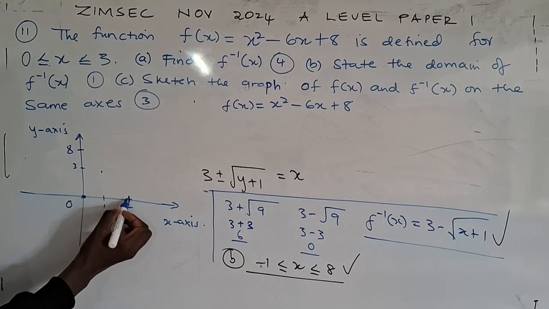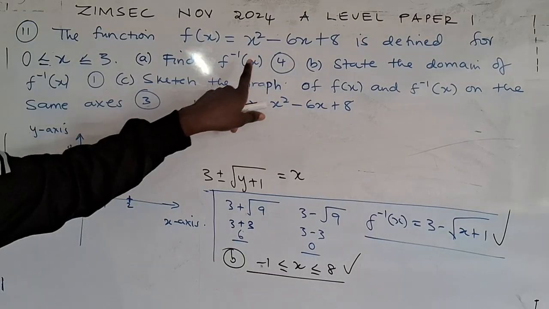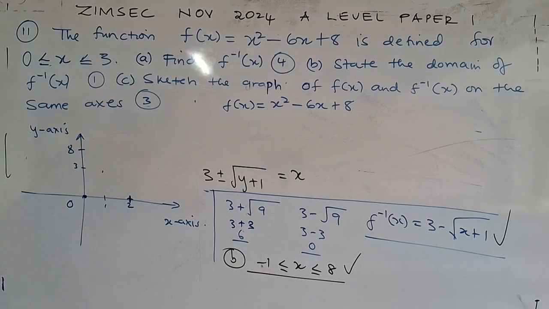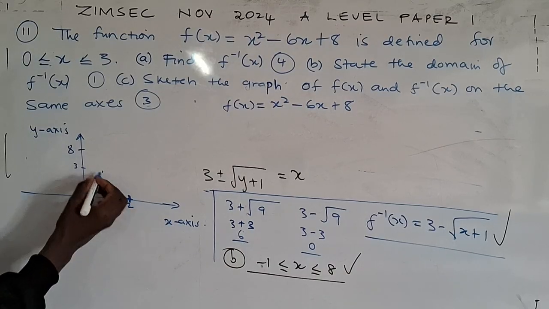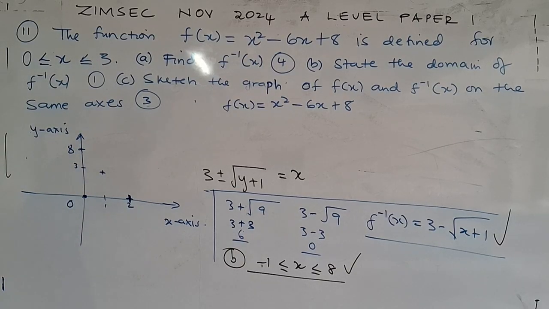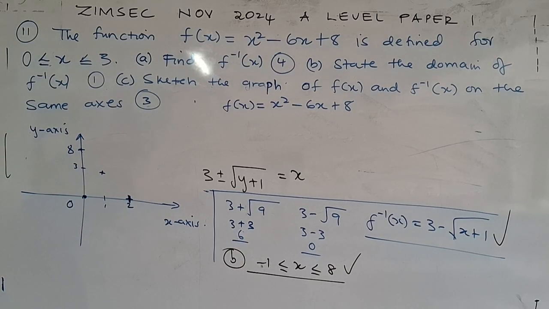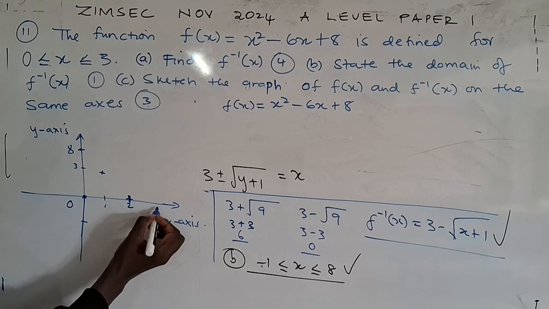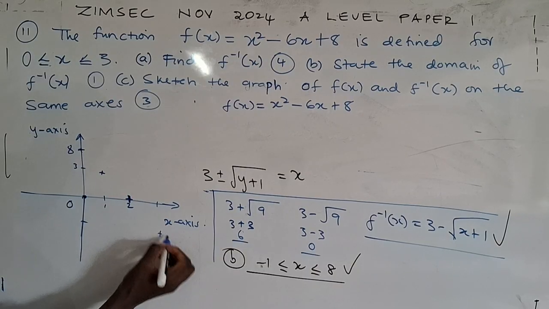If x is 3, it is 3 squared, which is 9, minus 18 plus 8, and this is negative 1.